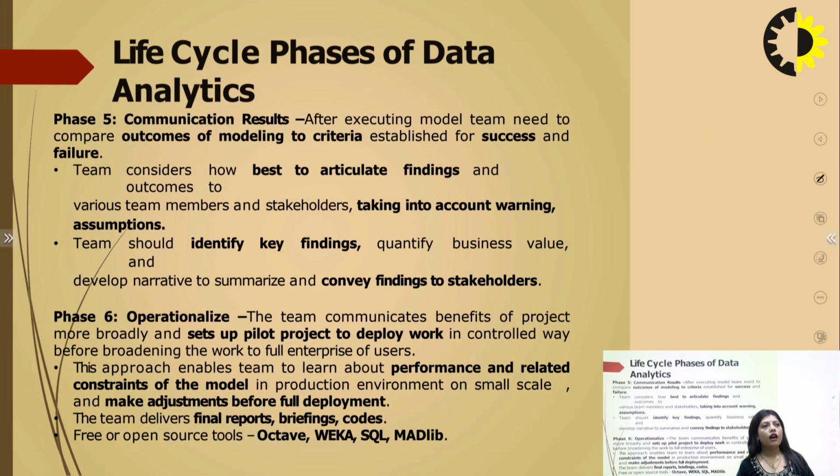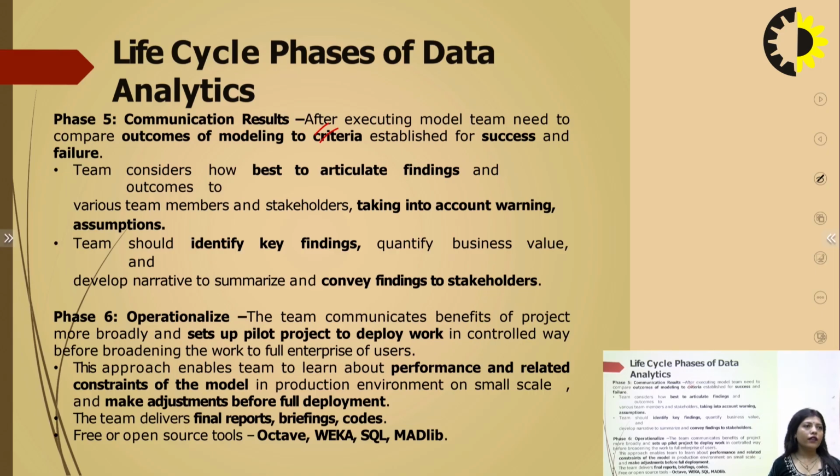Next phase is communicating results. After executing and developing the model, the team needs to compare the outcome of modeling to criteria established for success and failure. So in this, the team considers how best to articulate findings and outcomes to various team members and stakeholders, taking into account warnings and assumptions.